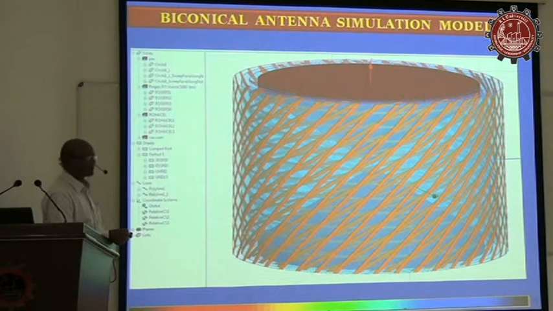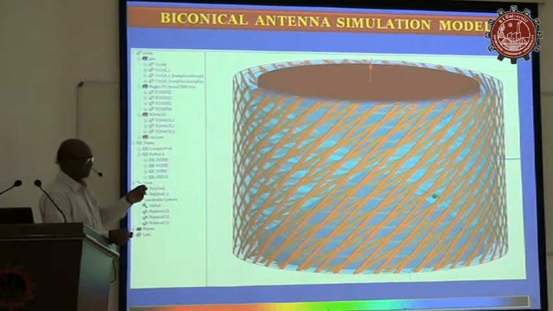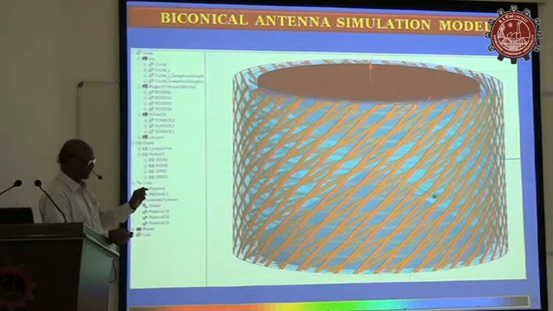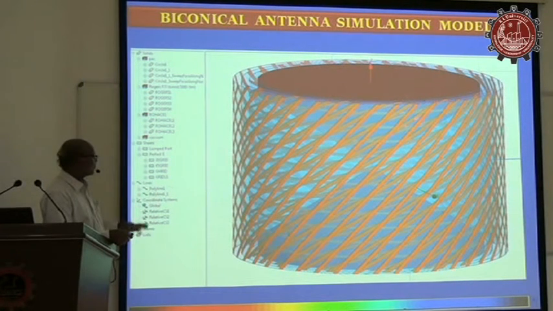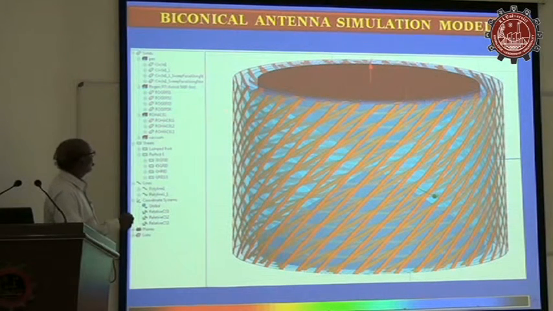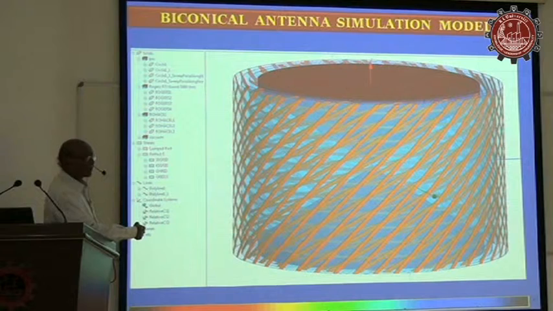You can put all these parameters into Optimetrics and vary them in steps of 5, and once you arrive at certain close results, you can optimize the parameters till you get the required performance. Another beauty of this software is it gives all the details in the project tree.